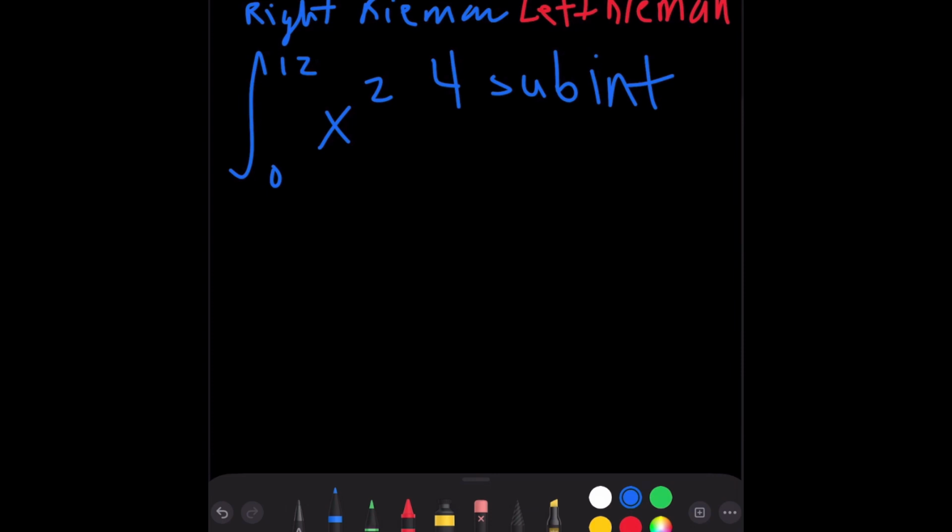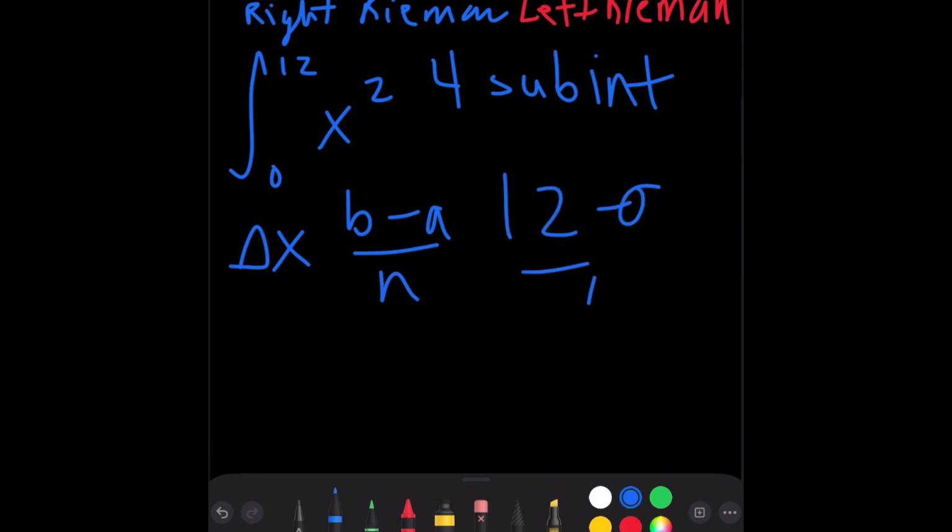Now, first we must find the width of each subinterval. So we are going to do the change of x, which is b minus a over n. If we go from 0 to 12, we would do 12 minus 0 over 4, which equals 3. So now we know the width of each rectangle is 3.